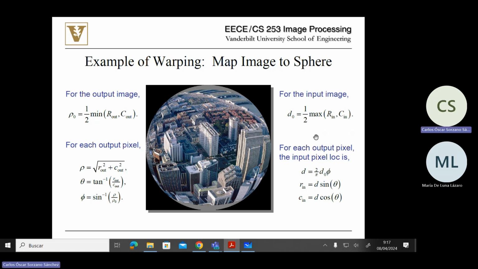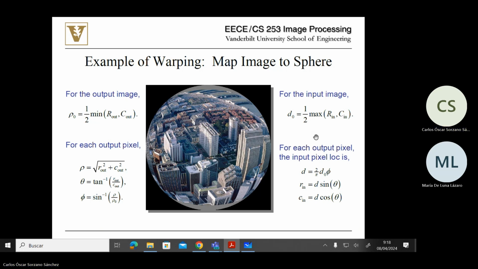Now we compute another angle, which is rho divided by rho naught. What is rho naught? The input image has some size, the output image has some size. We compute the minimum of the number of rows and number of columns, and divide by 2. We take this length, so this is a kind of normalization.